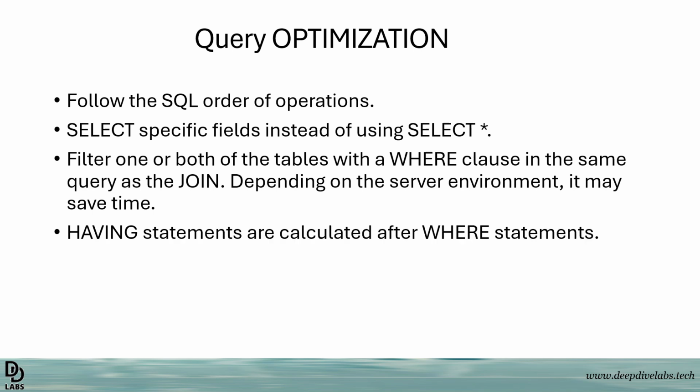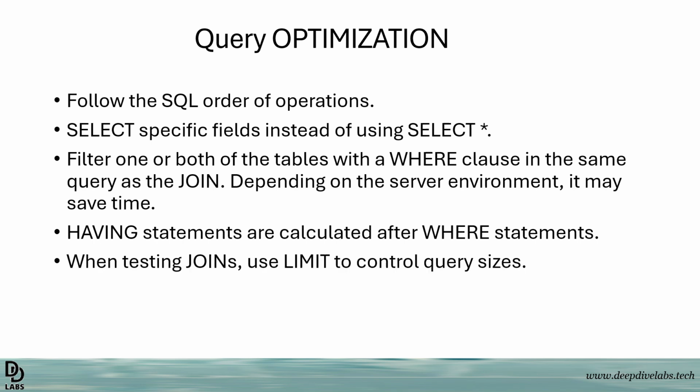Having statements are calculated after the where. Where is for any condition on the column, whereas having is a condition on the aggregated value, so having is calculated after the filtering happens on the column values. Especially when you're testing joins, always try to use limit to limit the number of rows returned.